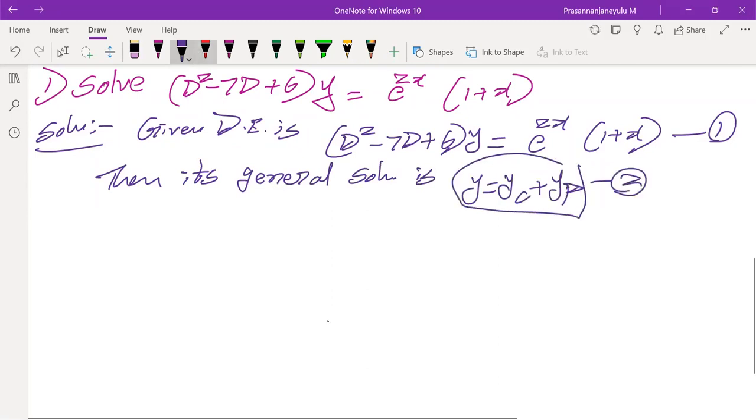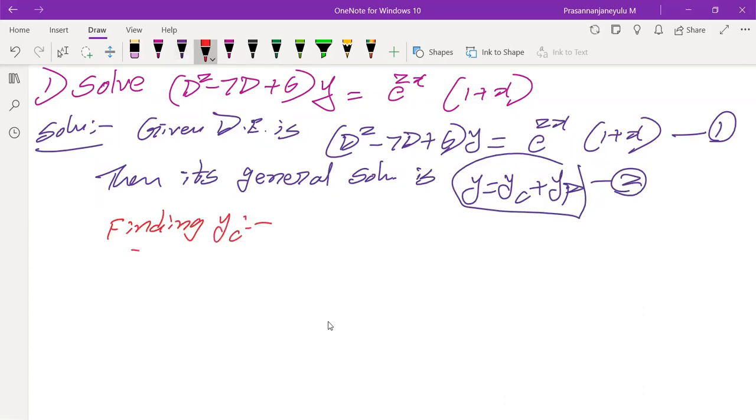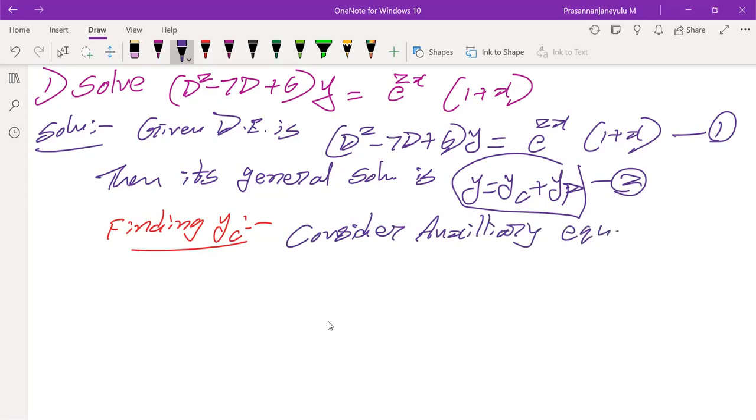Finding yc. While finding yc, we have to consider the auxiliary equation. Auxiliary equation f of m equals 0 implies m square minus 7m plus 6 equals 0.